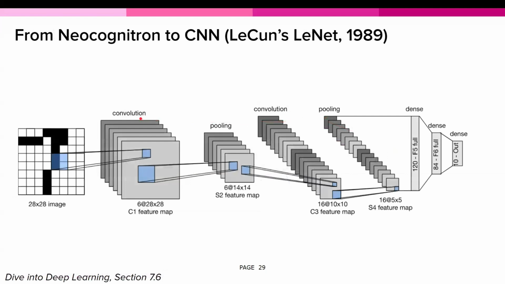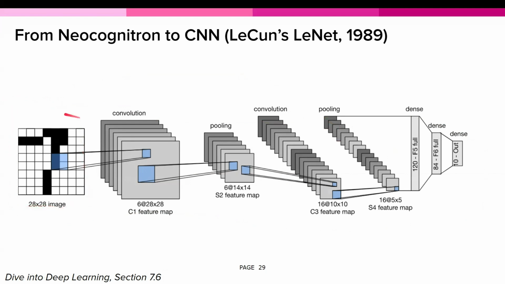The neocognitron was a precursor to convolutional neural networks, which were first introduced by Yann LeCun in 1989. This architecture here is known as LeNet, and it was groundbreaking and demonstrated the power of convolutional neural networks in computer vision tasks.